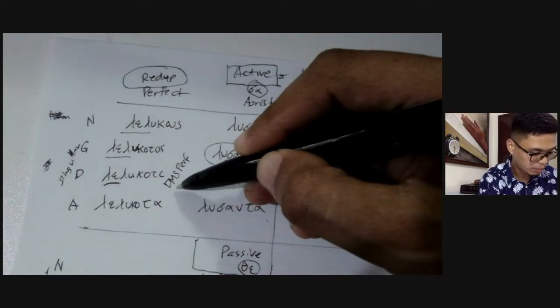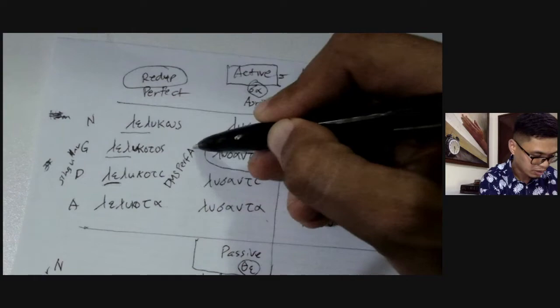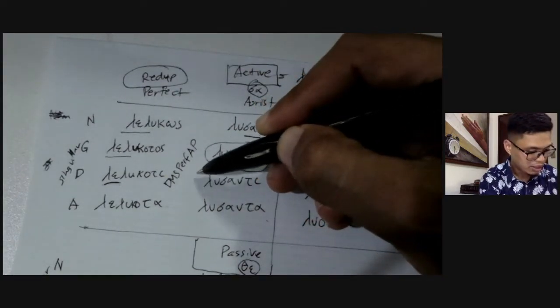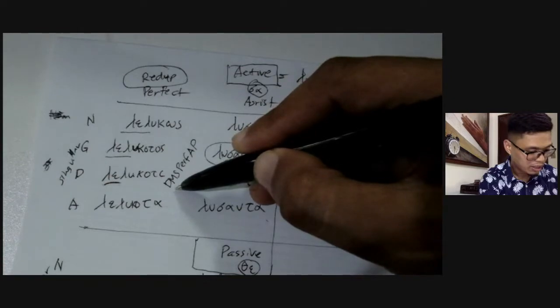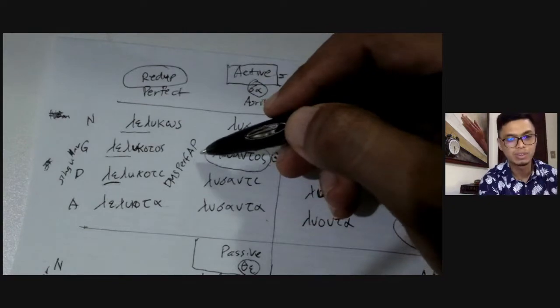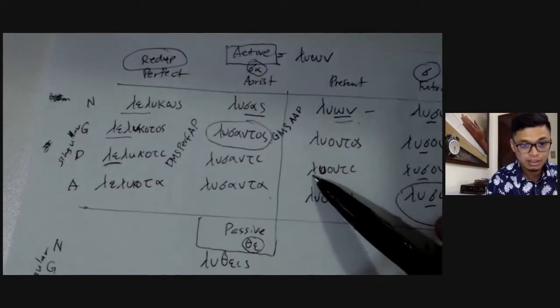Dative, masculine, singular, perfect, active. We're doing the active participles, so the parsing will be dative, masculine, singular, perfect, active, participle. Wow, so easy.